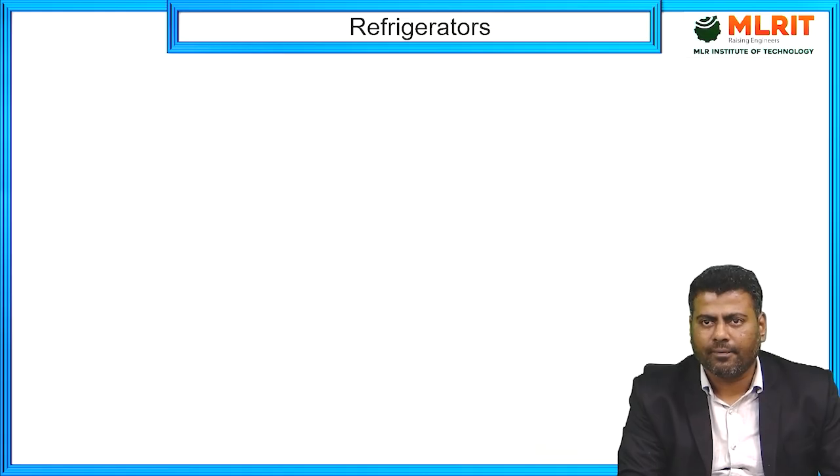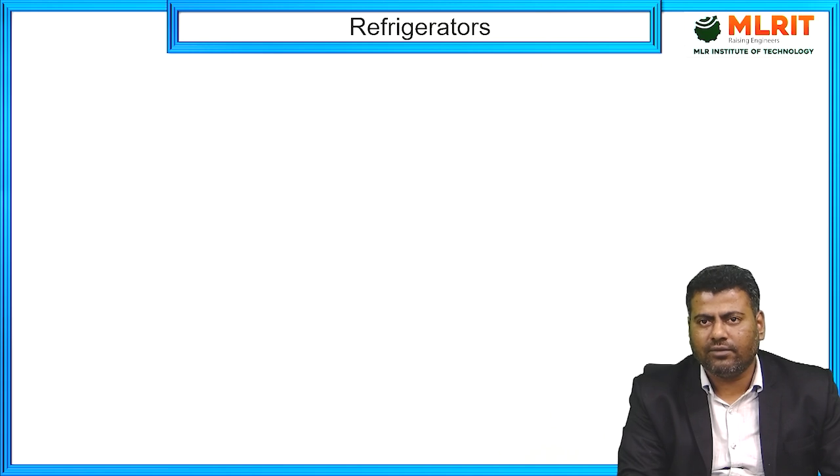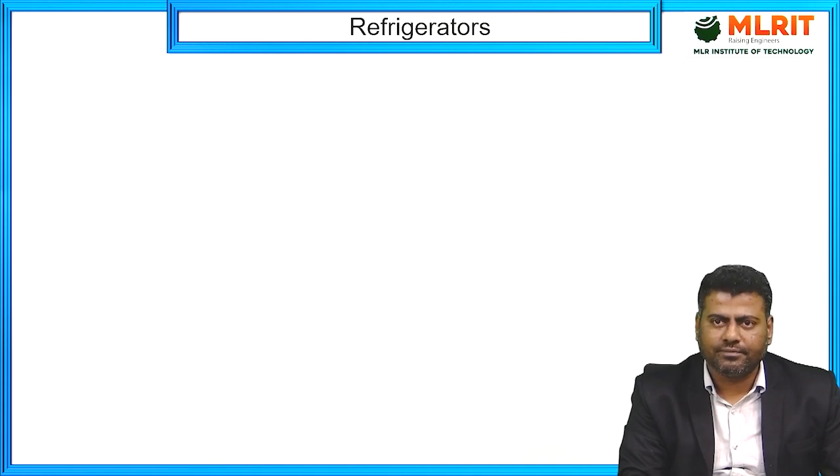That refrigerator is kept at a cool temperature. We need to freeze, we need to reduce the temperature. What is the atmosphere temperature? That is always higher, right? So here the atmosphere is the source, and the space to be frozen we call the sink, right?